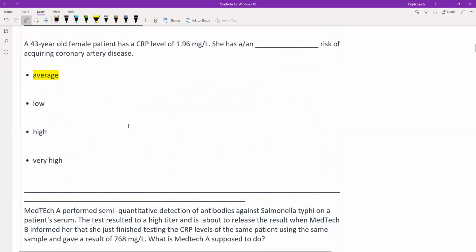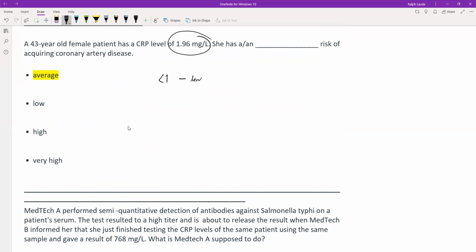Now the next question is: a 43-year-old female patient has a CRP level of 1.96 milligrams per liter. She has a blank risk of acquiring coronary artery disease. Based on the lesson, you have three categories for the risk of coronary artery disease based on CRP levels. If you have less than 1 milligram per liter, you have a low risk.